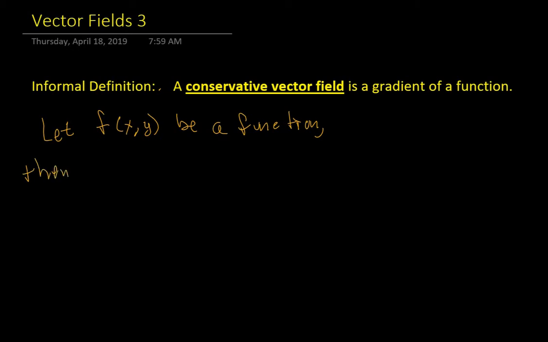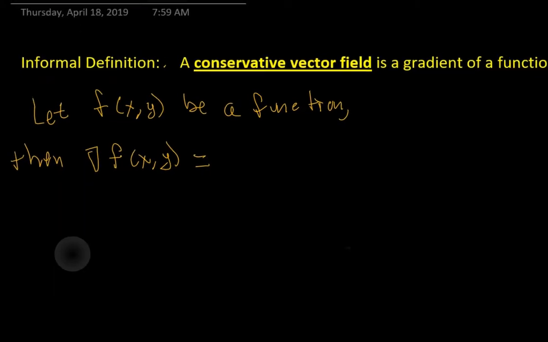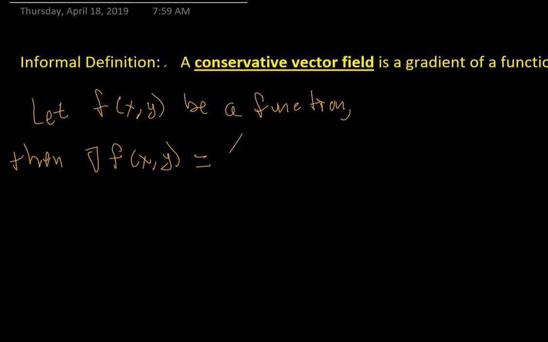So the gradient of f of x, y is the same as the vector you get when you do the x partial derivative and the y partial derivative, because there's two components: f with respect to x of xy and f with respect to y of xy.